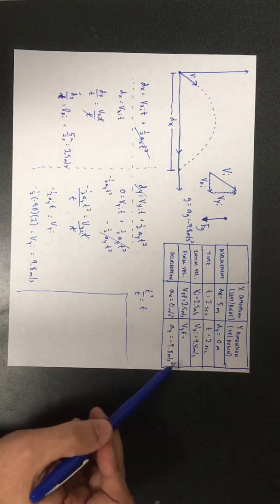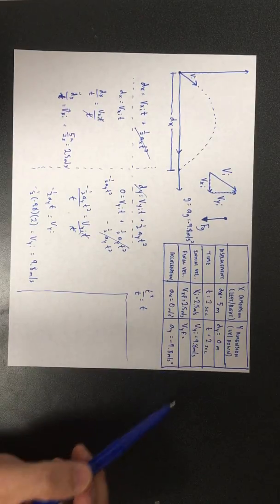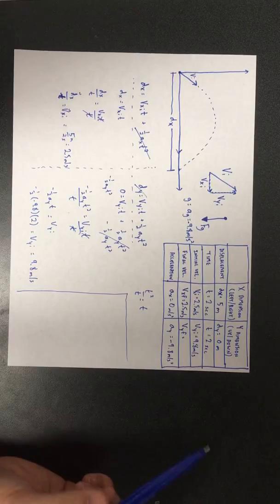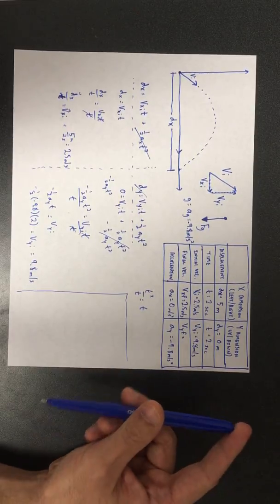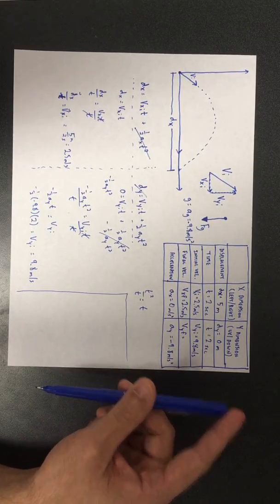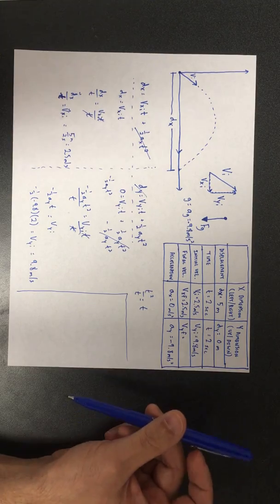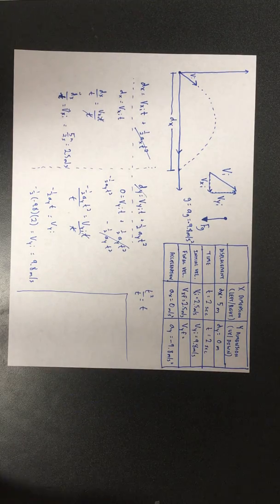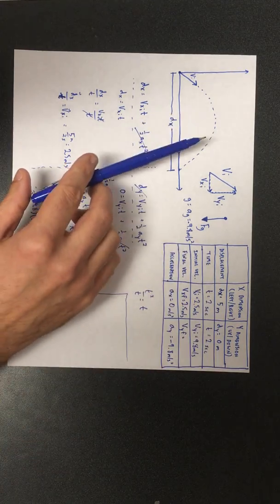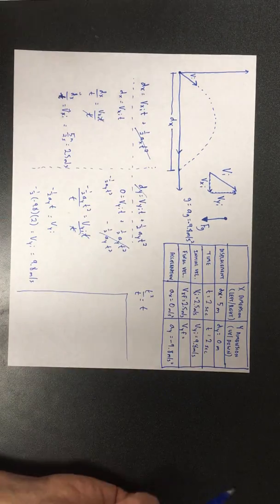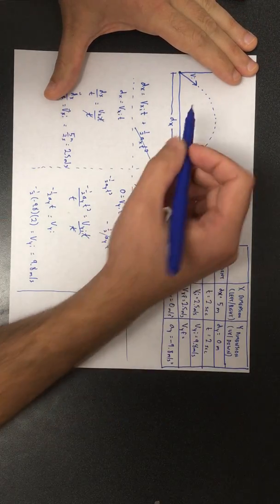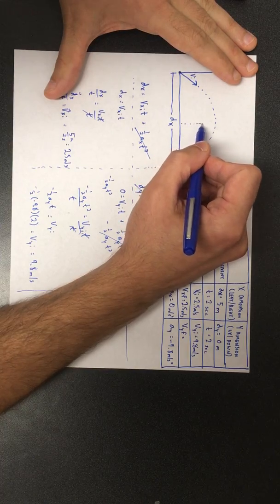So let's think about this. 9.8 meters per second squared, and it's negative. That means it's accelerating downward at 9.8 meters per second squared. It's losing 9.8 meters per second of speed or velocity per second. Now, if we think of this as like a mirror image, we come over here to our diagram.